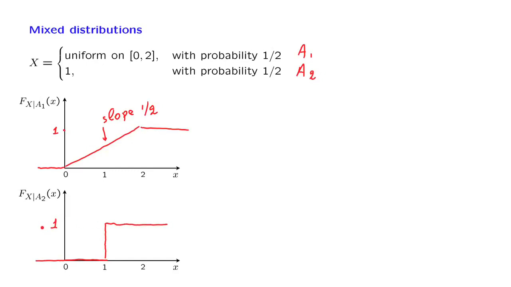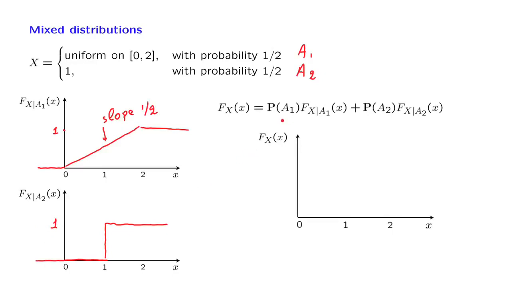We then use the total probability theorem, which tells us that the CDF of the mixed random variable will be 1/2 times the CDF under the first scenario plus 1/2 times the CDF under the second scenario. So we take 1/2 of this plot and 1/2 of that plot and add them up. What we get is a function that rises now at a slope of 1/4.